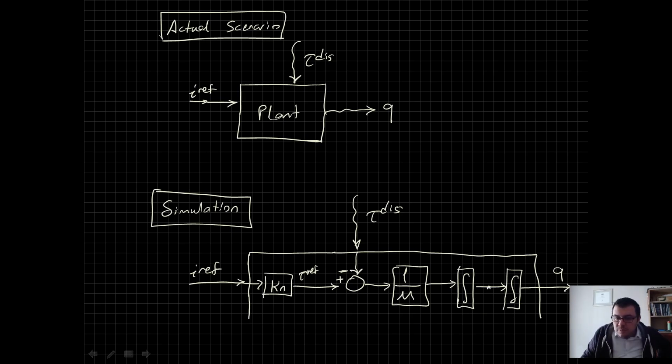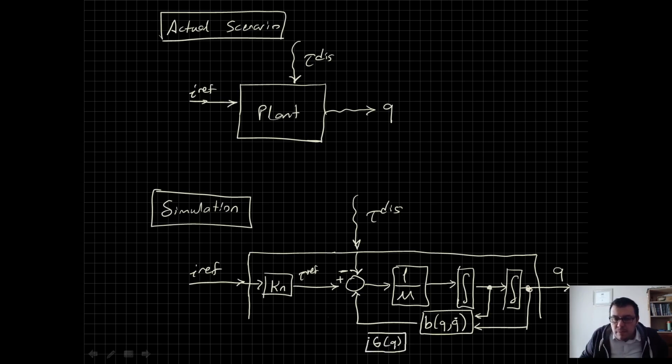And don't forget that there is the effect here, B of Q, Q dot, for example, let's put this as a block, and it takes this and this. Also, there is G of Q if there is any gravity effect on your system.